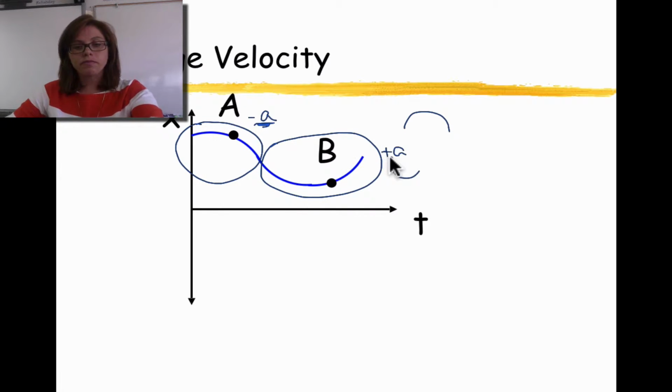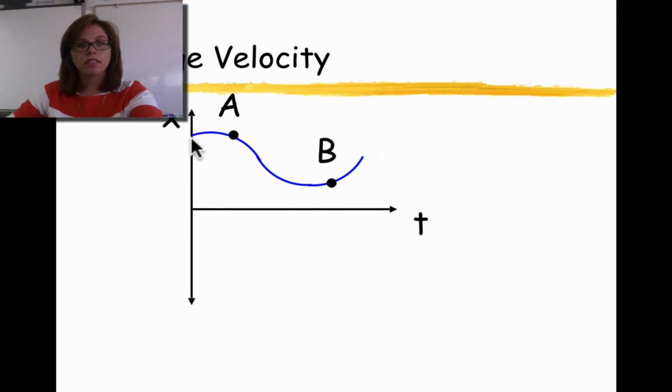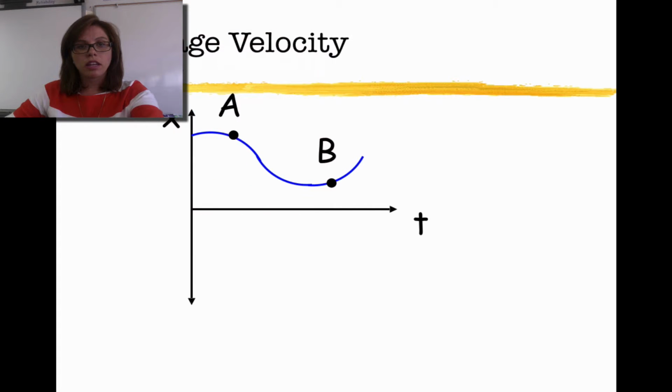Okay, so let's look at this. We are getting slower here, and then we're getting faster and slower and then faster. You look at the slopes of your tangent lines here.